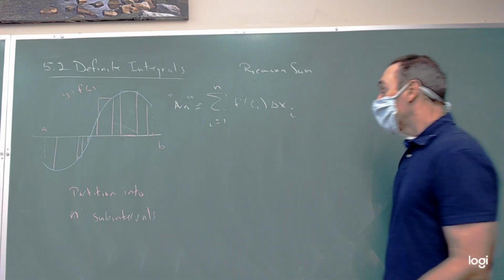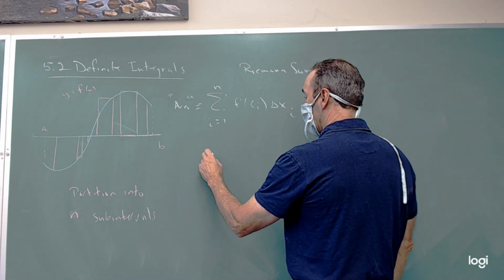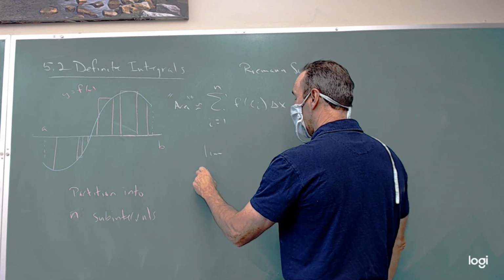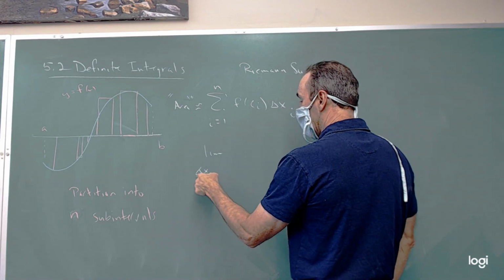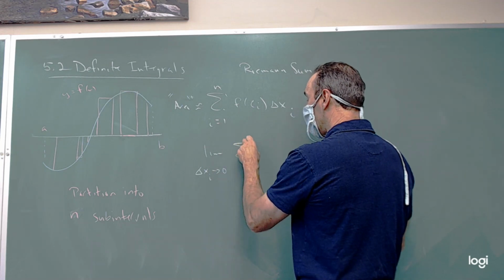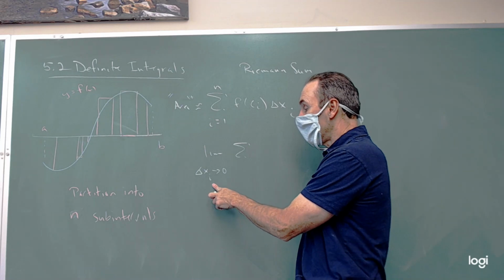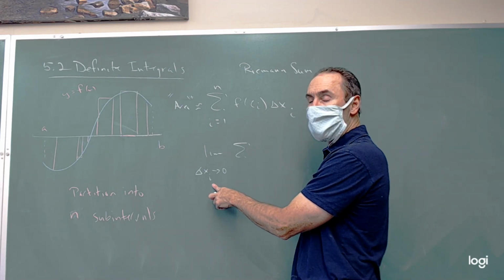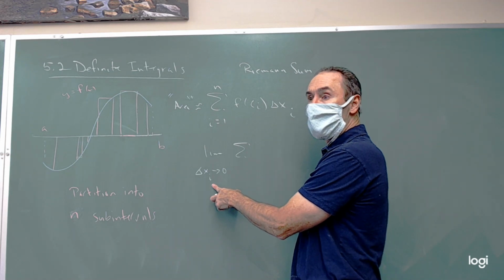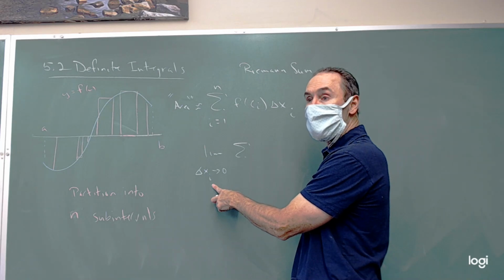Now, what we want to do then, some people will write, this is not really the way it's done, the limit as the delta x's go to 0 of that sum. Because these delta x's are not uniform, I can't just say take an infinite number of rectangles, because that won't guarantee that it's going to actually give us the area under the curve.